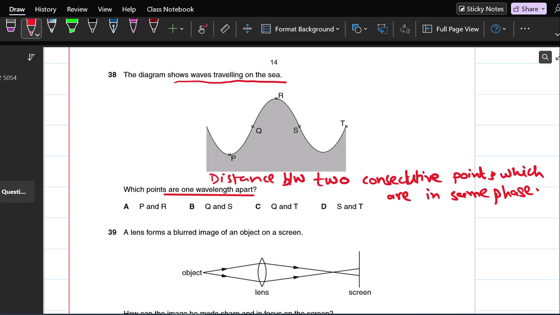So here is one point, then the next should be here, but it is not having any point. So Q is here, so it is going to be half wavelength, and then it is going to be full wavelength. So Q and T is C option.